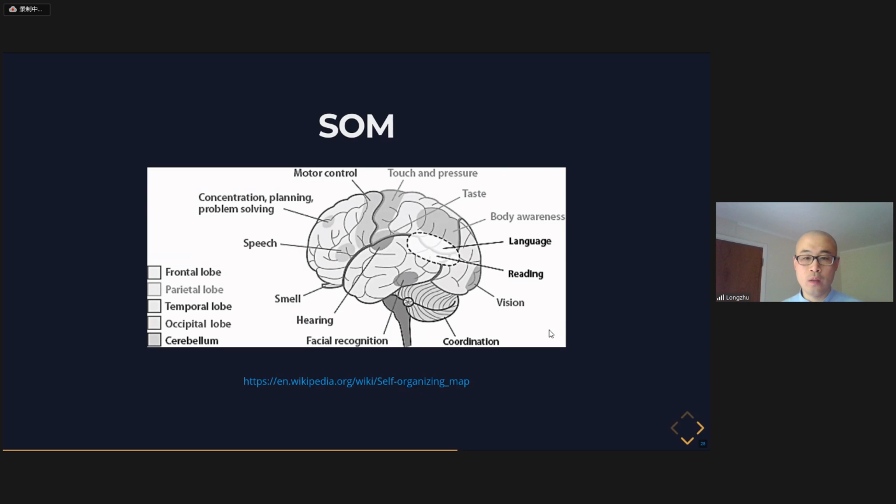So in the human process, when we recognize an image or hear a talk, we normally pass the input signal to our brain and send the signal to a particular domain. It's like here, demonstrating there's a language center, vision center, coordination center, and many other domains.